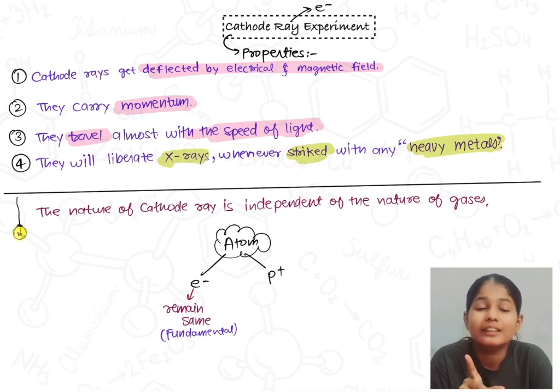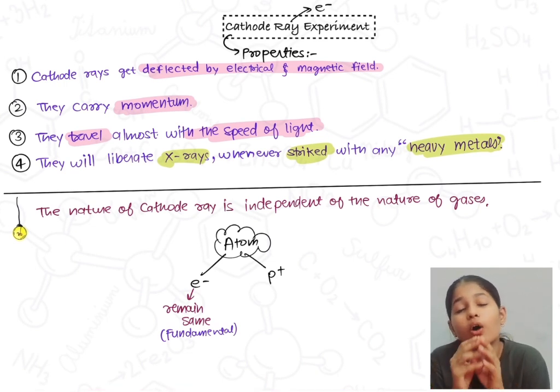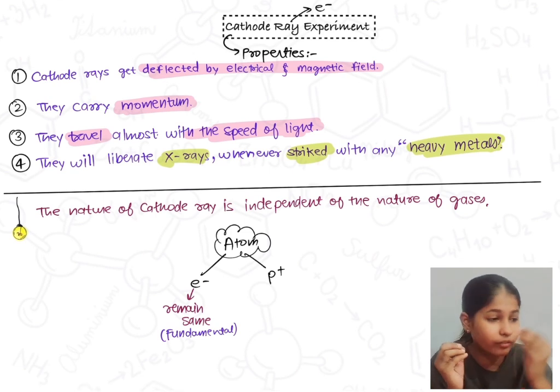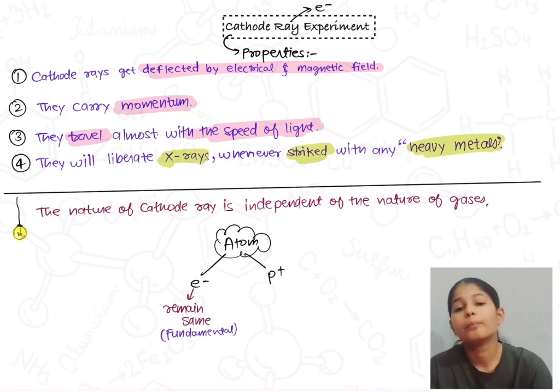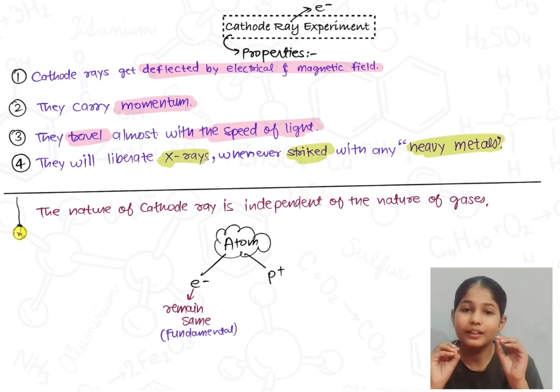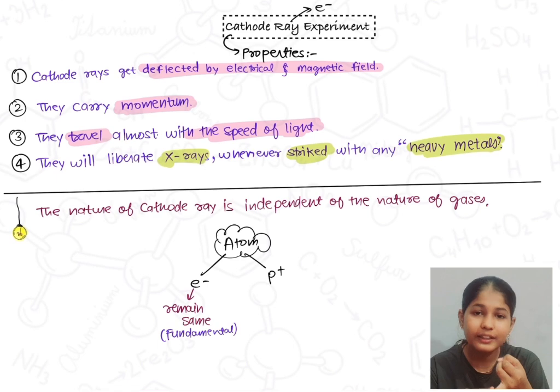It means electron is present in all the atoms. If you take an atom from element A and an atom from element B, both these electrons will be the same, totally the same in terms of nature, in terms of properties, etc.